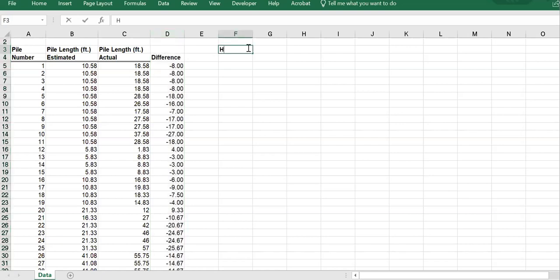So null hypothesis: the population mean of difference, and instead of difference, I can type estimated minus actual, equals 0. And I'm going to conduct a two-tailed type of test, so the alternative is not equal.